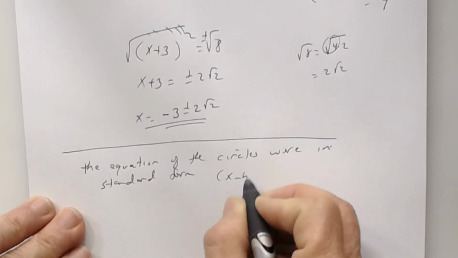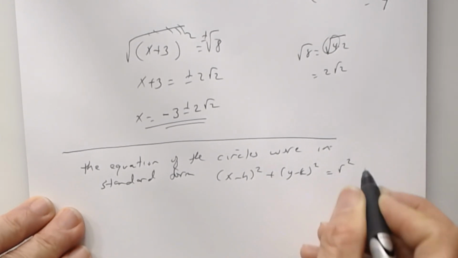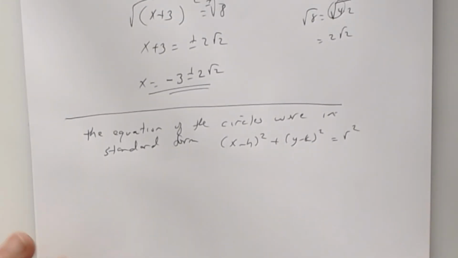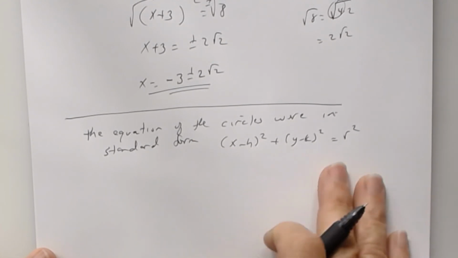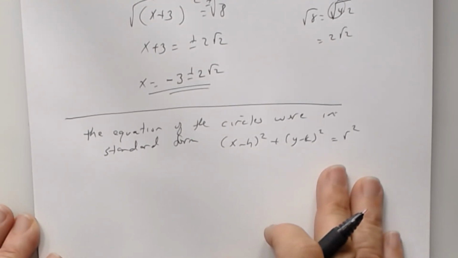Meaning (x minus h) squared plus (y minus k) squared equals r squared. When it's in that form, it's very easy to determine the center and the radius.